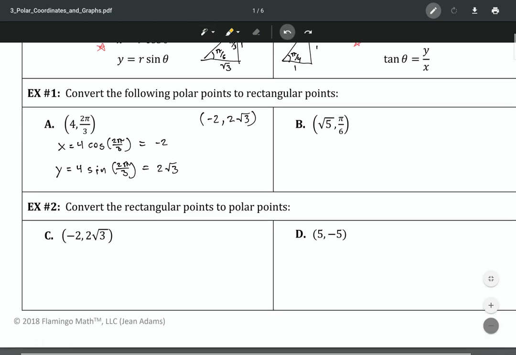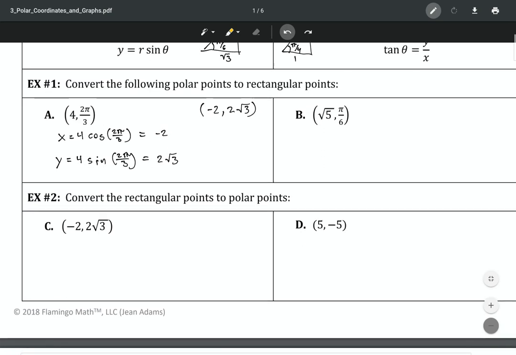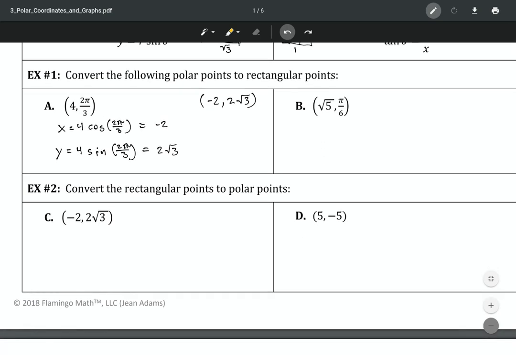On B, same idea. You would just plug in square root of 5 for r. For one of these, you would do square root of 5 cosine of pi over 6, and for the other, square root of 5 sine of pi over 6.